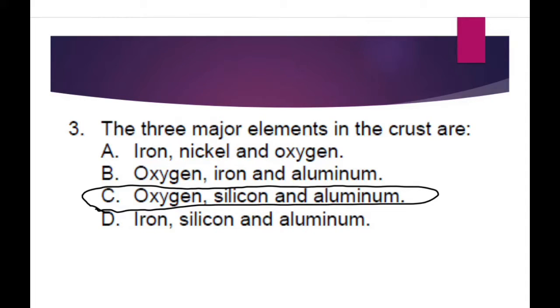Oxygen, silicon, and aluminum are all very lightweight materials. All these others have iron in them, and iron is a very dense metal, so it's not found in large quantities in the crust.